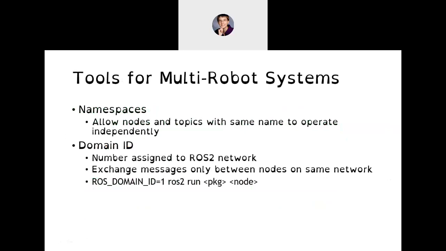But maybe you have a couple different swarms of robots and you want to keep those completely independent from each other, so only they can talk to each other and only other, say, sensors or machines on that network can communicate in that group. So what you can do is assign a ROS domain ID. You can do this at startup, or when you're running particular nodes, you actually connect it to that domain ID. And then everything that's on that same network can communicate through those nodes, right?